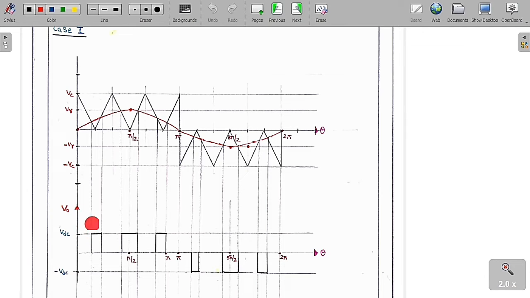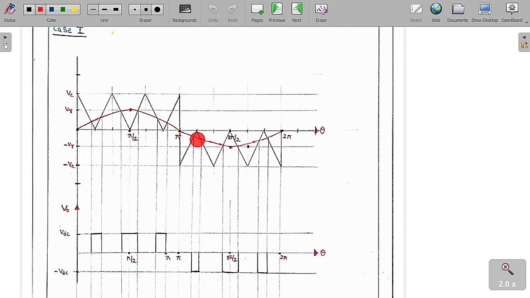So the output voltage is equal to plus VDC. Here also the reference signal is greater than the carrier signal, so we generate an output pulse of plus VDC. Here also the reference signal is greater than the carrier signal, so again a pulse of plus VDC.